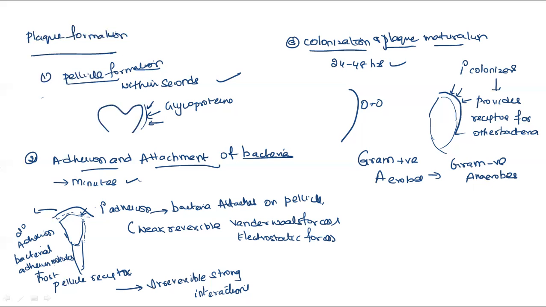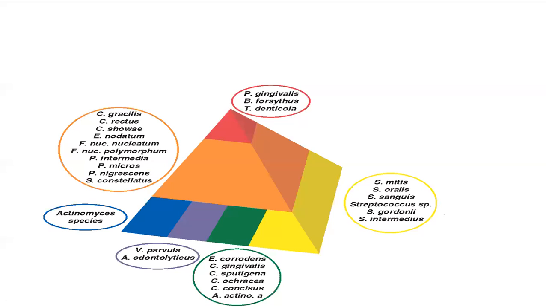Okay. Now we are going to talk about biofilm. So what is biofilm? Before I explain it, let me show different kinds of complexes. So this is yellow complex, this is red complex, this is orange, blue.